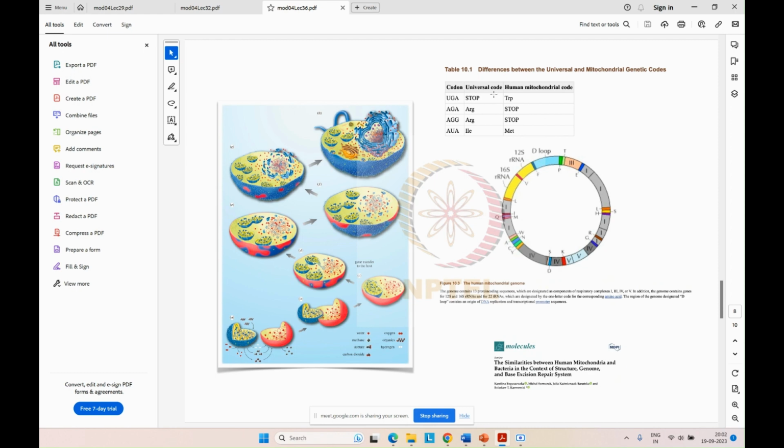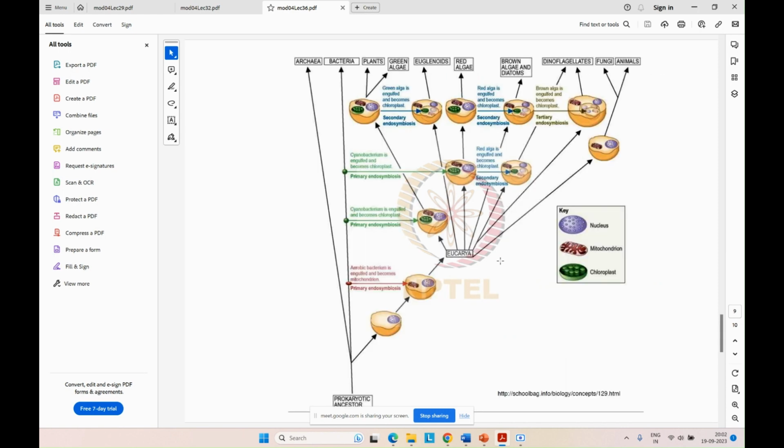So this combined with sequence data led to a belief that the mitochondria and chloroplast have emerged from different prokaryotes, and therefore the endosymbiont theory came into being.